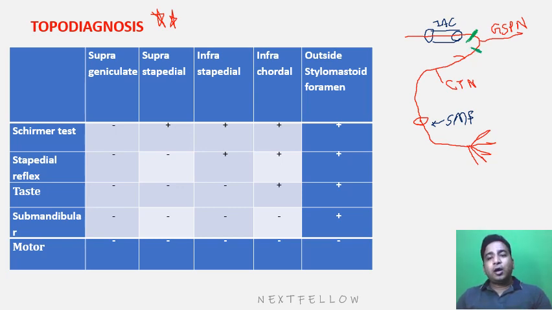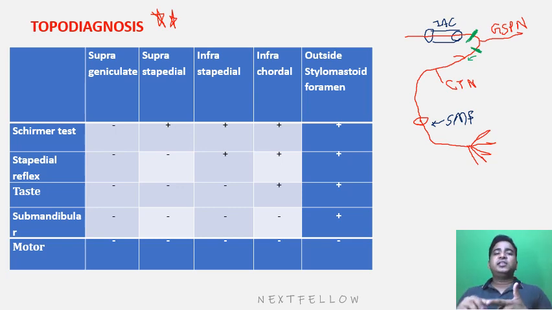So what will happen? All the nerves, like the stapedial function, will be lost. Taste sensation from the chorda tympani or salivation from the submandibular gland will be lost, and the motor fibers will be lost, because of any pathology at this level. After this part of the facial nerve the function will be lost, and before this lies the GSPN, which will still be functioning.